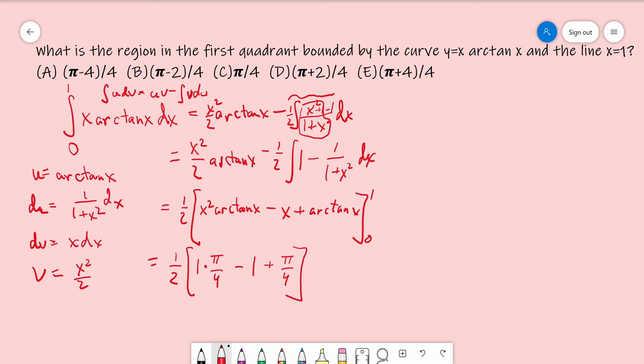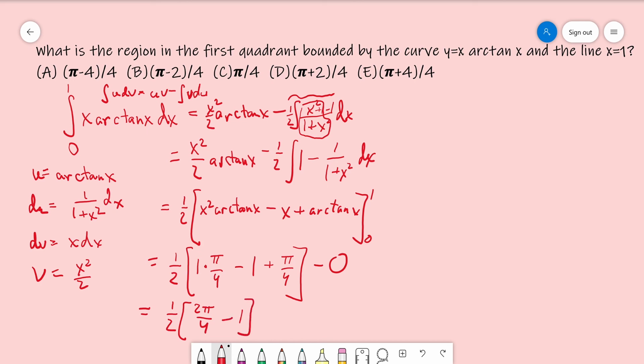And then when we plug in 0, well, that's just going to be 0, so I'm just going to write minus 0. Alright, well, what does this come out to be? We have pi over 4 minus 1 plus pi over 4. So that's going to be 1/2 times 2 pi over 4 minus 1.